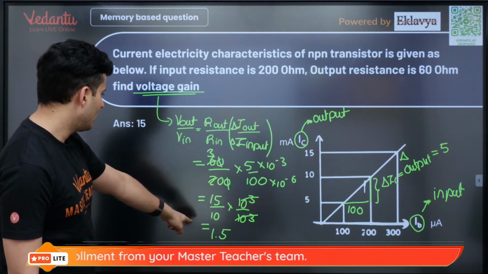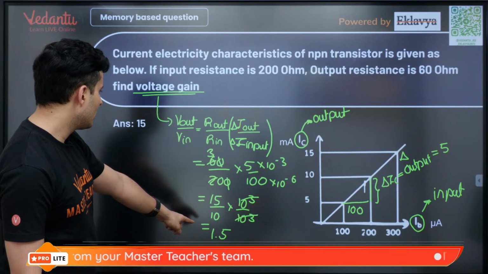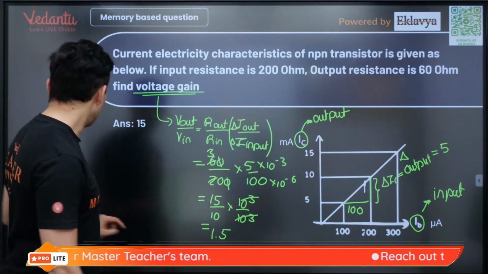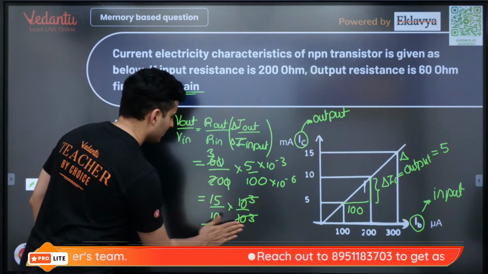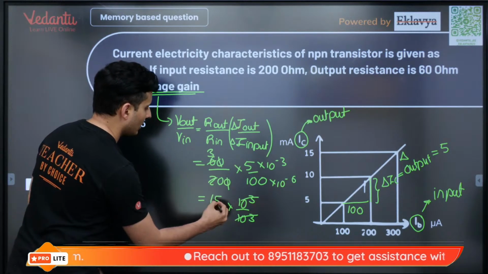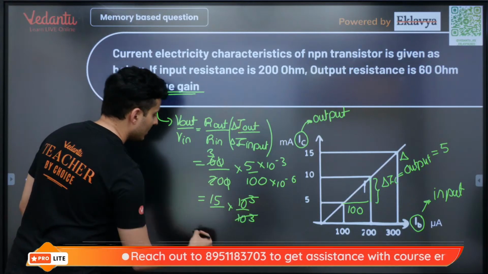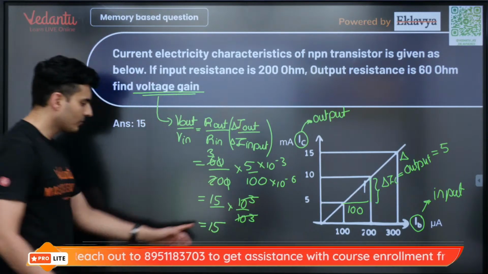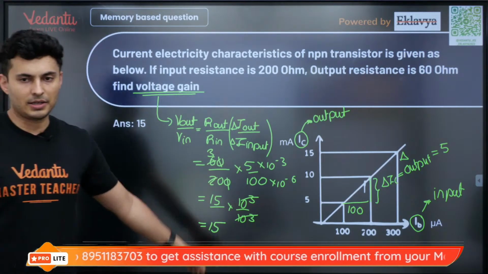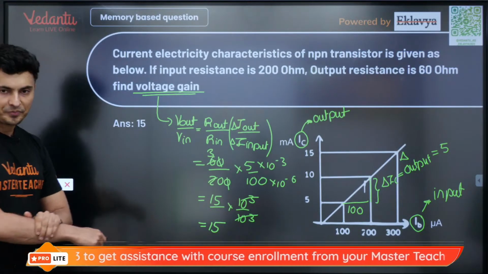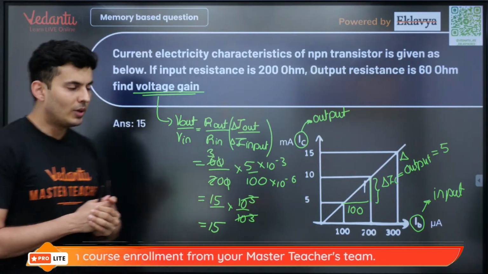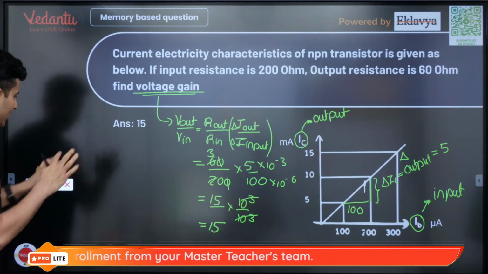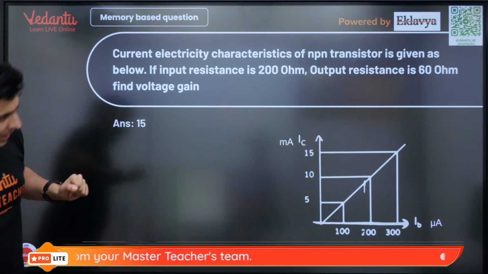I think I added one 0 extra over here. My bad, this was not required. This 0 was already counted here, so this goes and this will be 15. Yes, this is correct. So the answer is 15. Awesome.